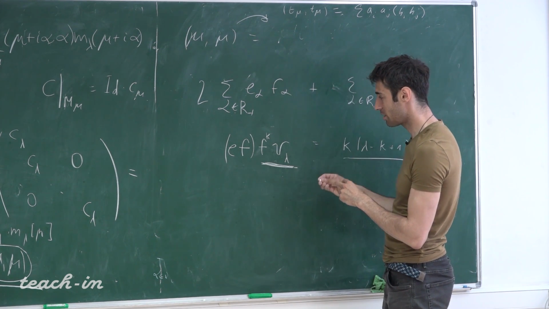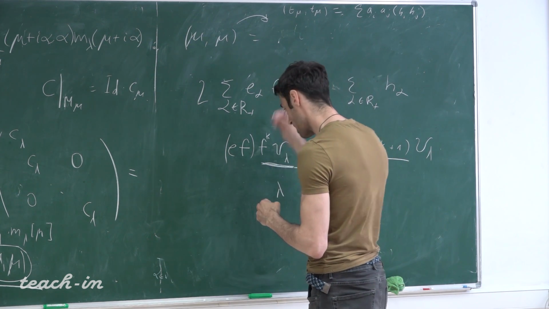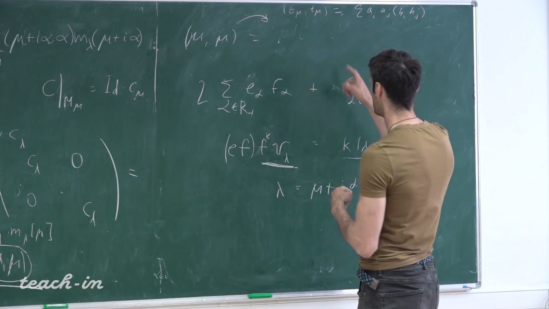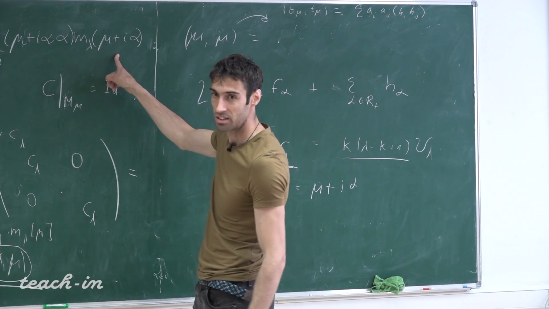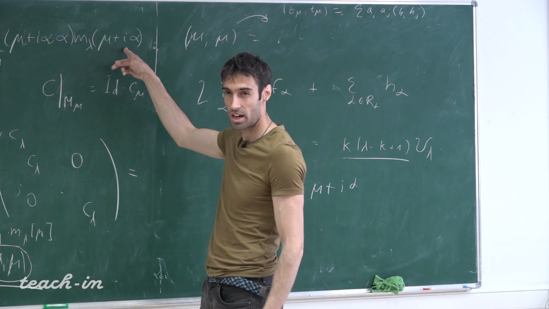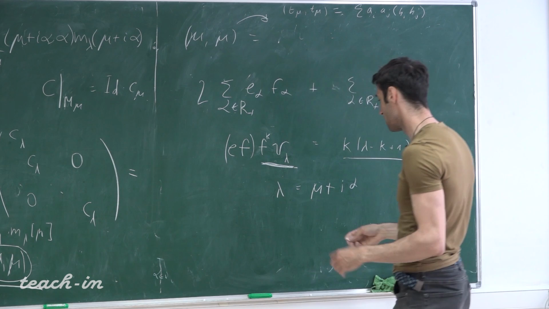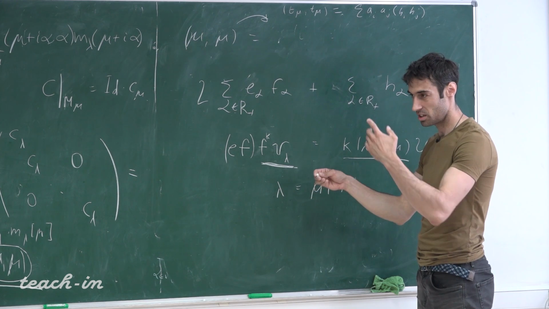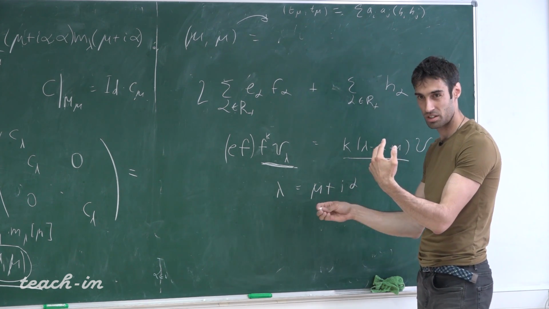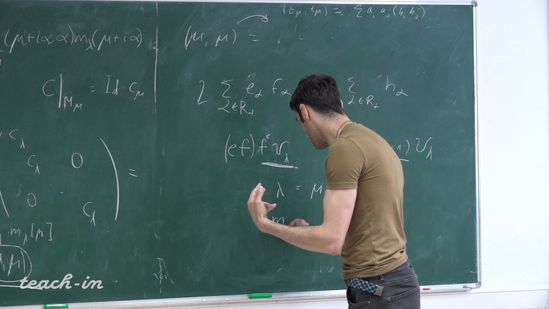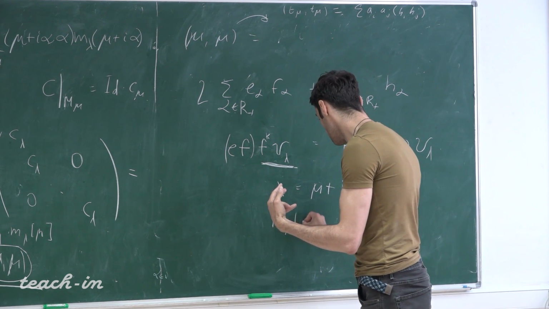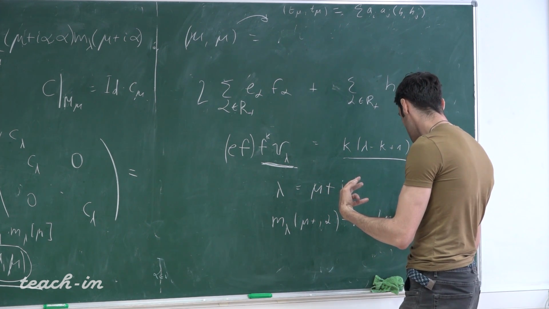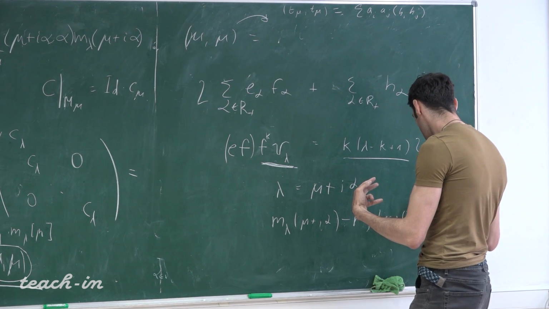But how much? So how do you find lambda upstairs? It's just always mu plus i alpha. Yes. So you go upstairs by adding i alpha. And how many singular vectors of this sort? It's exactly the drop in the dimension. If you take m lambda mu plus i alpha minus m lambda mu plus i plus 1 alpha.